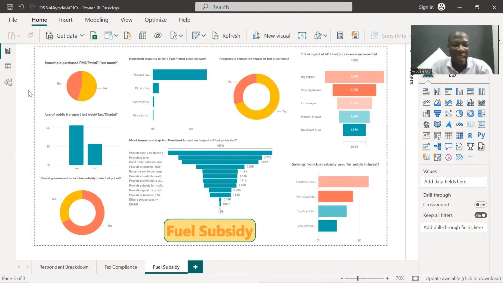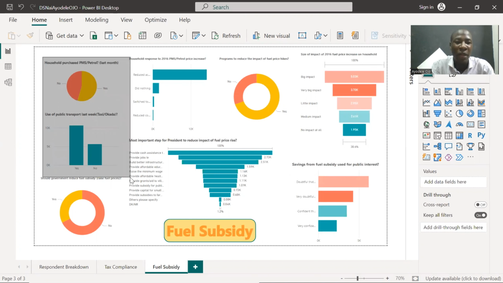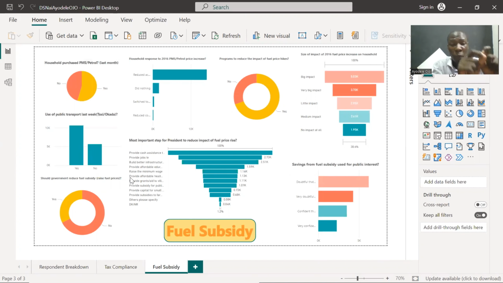And from the chart here, the first chart helps us see how people use fuel. You can see that yes, they bought fuel, they use fuel, and during the increase in 2016, we also have data to tell us how people responded to this.